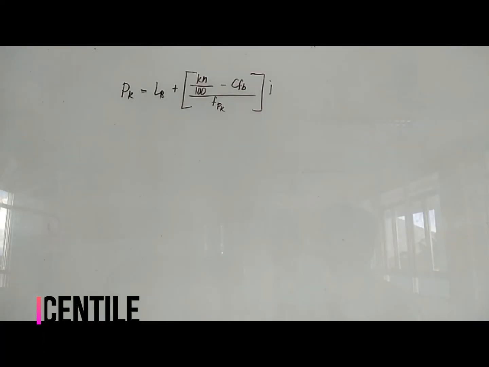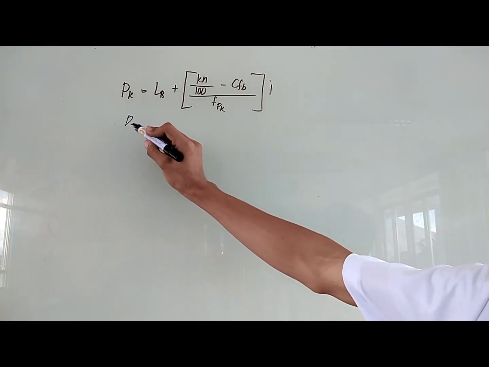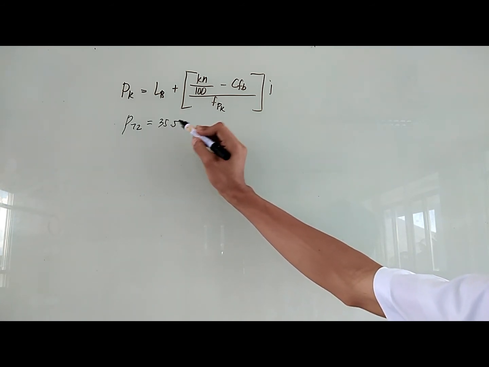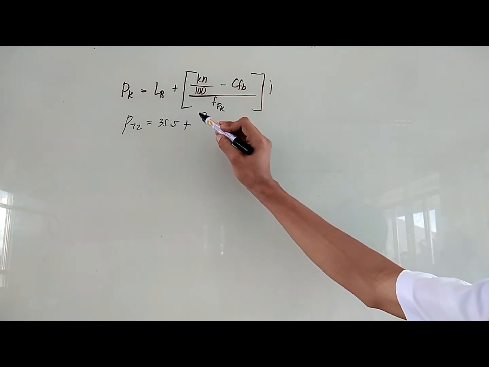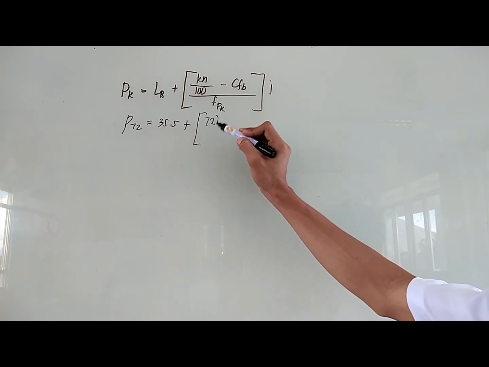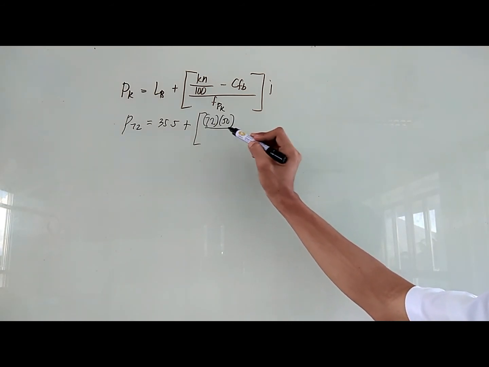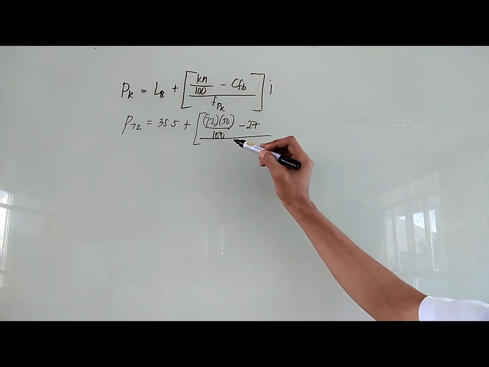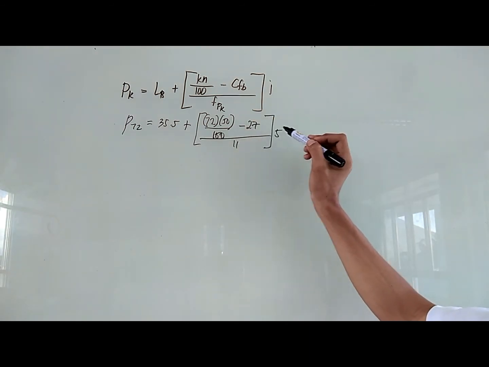Solve P72 using the formula of percentile for grouped data. Then substitute and solve. P72 is equal to 35.5 plus the quantity of 72 times 50 divided by 100 minus 27, divided by 11, multiplied by 5.